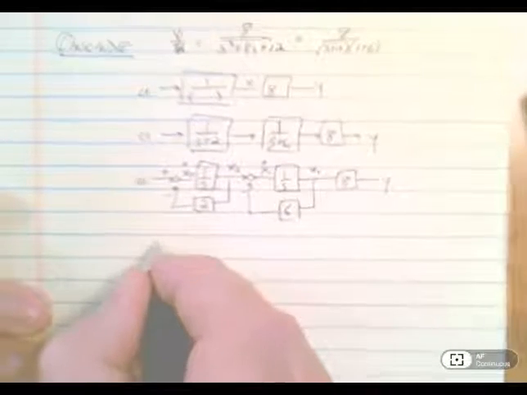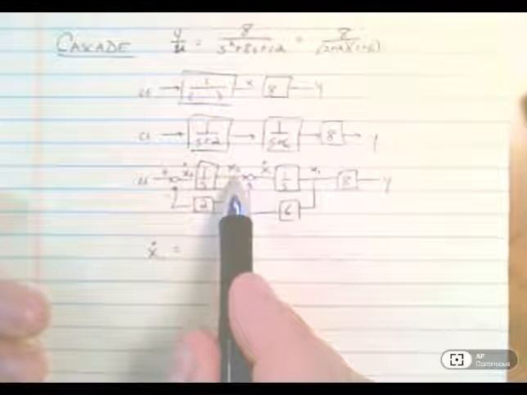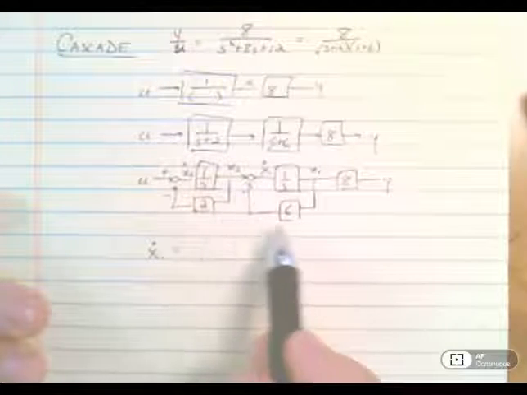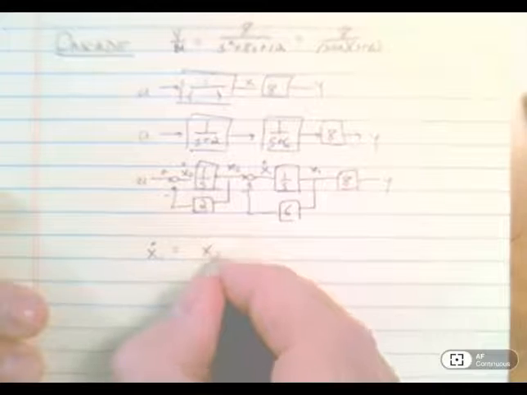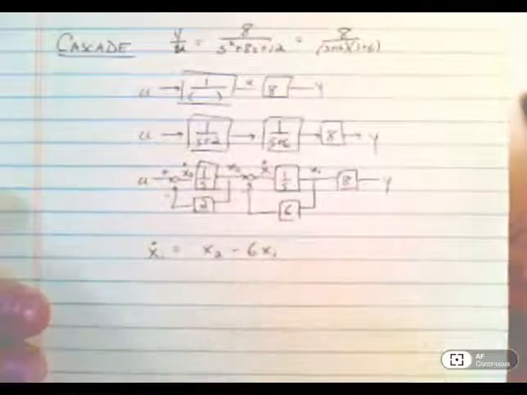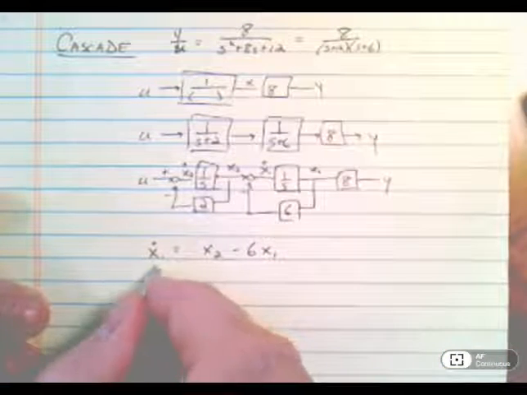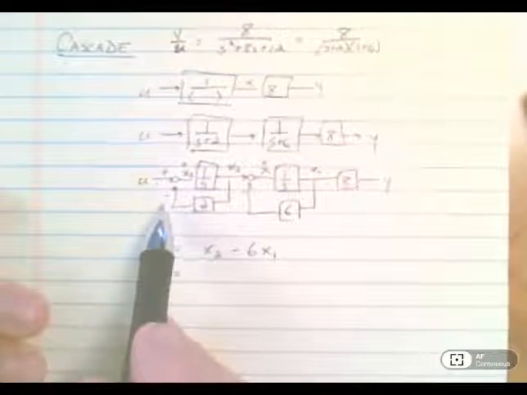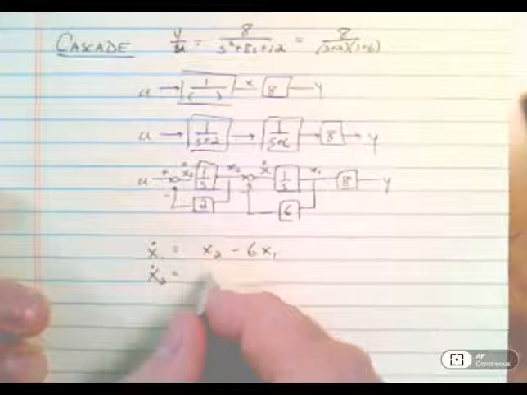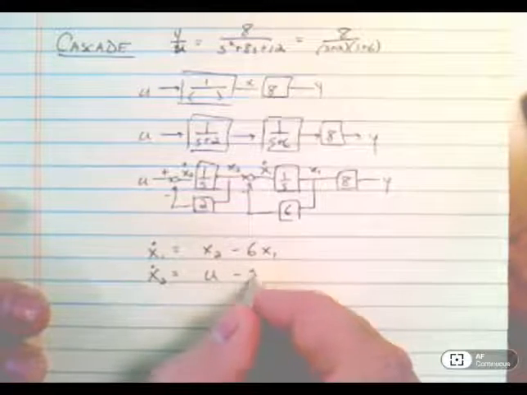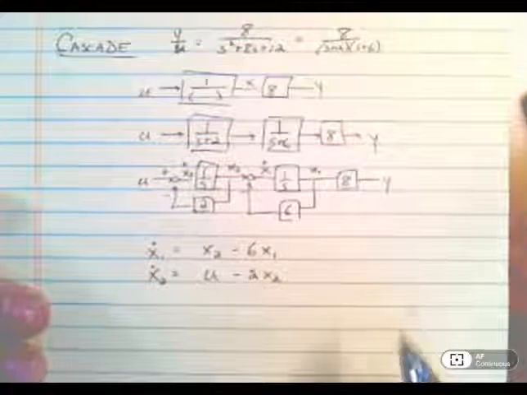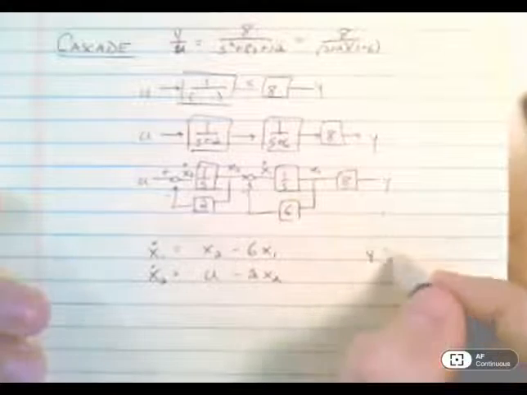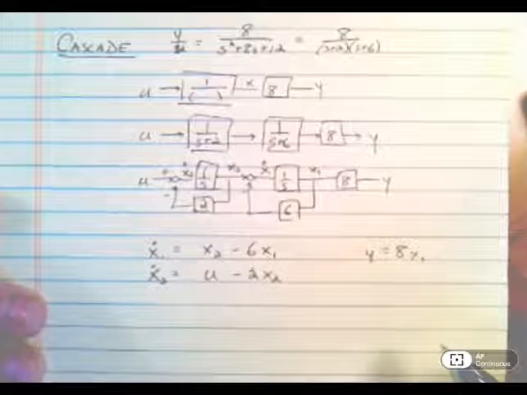And so I have x1 dot equals a positive x2 minus 6x1. And then x2 dot right here equals a positive u minus 2x2. And at the end I see that y equals 8 times x1.